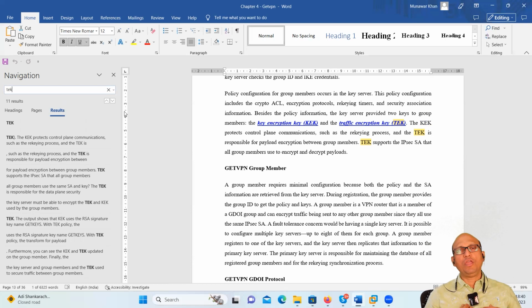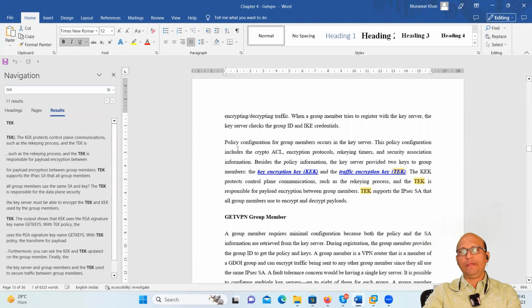See, I am looking for a traffic encryption key for encrypting my data and decrypting my data. I need a key which will encrypt also and decrypt also. And that key is called traffic encryption key. But to get this key successfully, without anyone robbing it, I'll be getting one key encryption key which is going to hide my TEK.